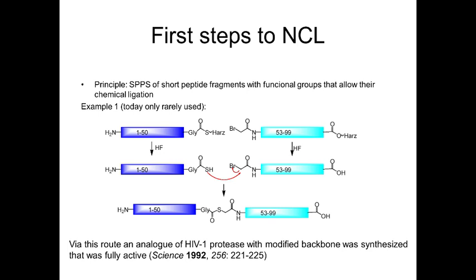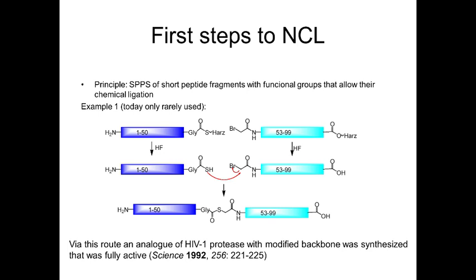This is the synthesis of an analog of HIV-1 protease. This work was done in 1992. On the peptide fragment covering the amino acids 53 to 99, a bromoacetic acid derivative was coupled to the N-terminus, and at the C-terminus a thiocarboxylic acid was introduced.